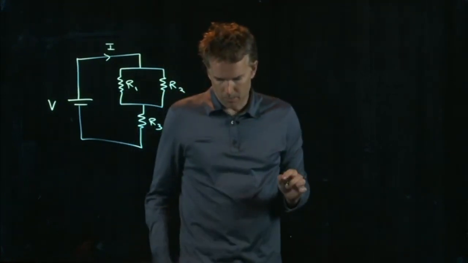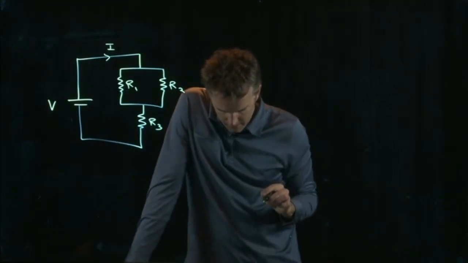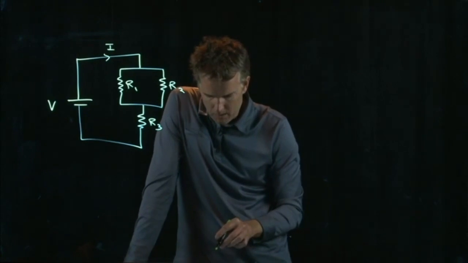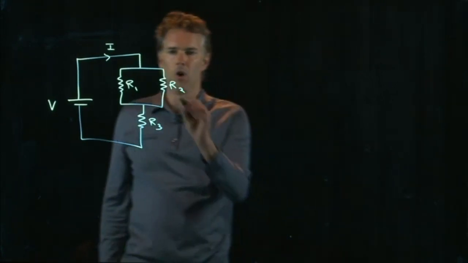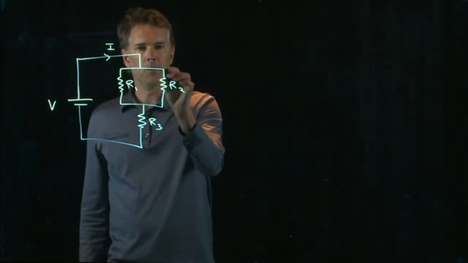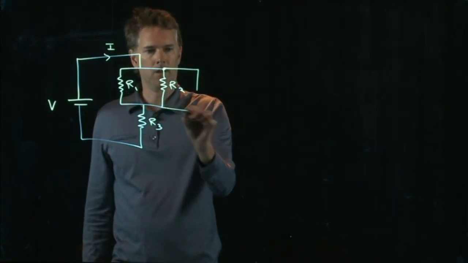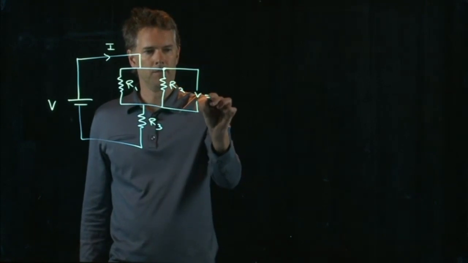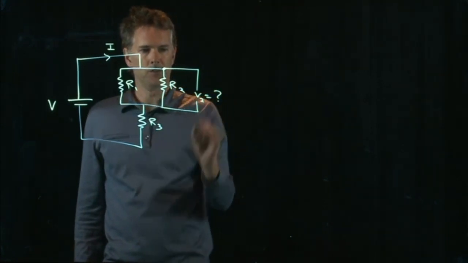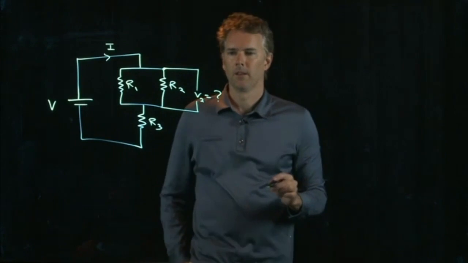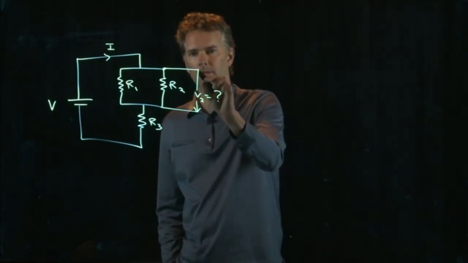Okay. And they want to know the voltage across the 820 ohm resistor, which is R2. So they want to know this voltage from there to there. And we'll call that V2. Okay, what is that voltage?